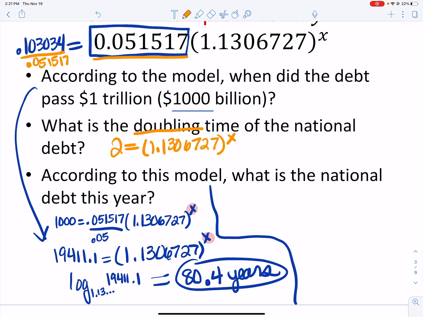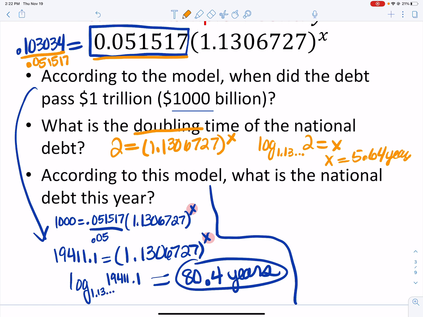So I'm going to do the log base 1.1306727 of 2, and that's going to equal x. My answer is 5.64 years. Okay, and according to this model, what is the national debt this year?